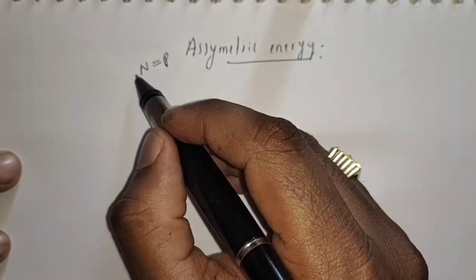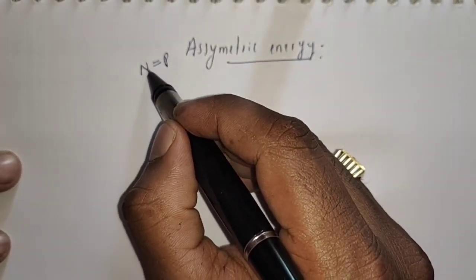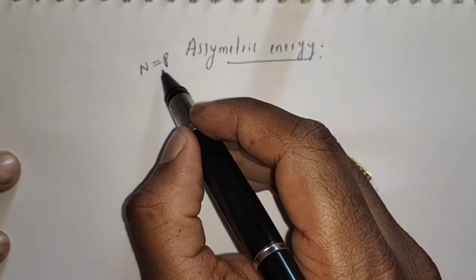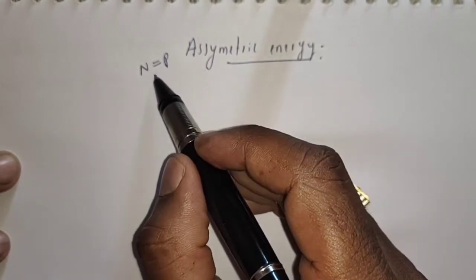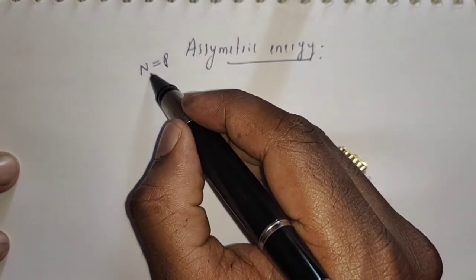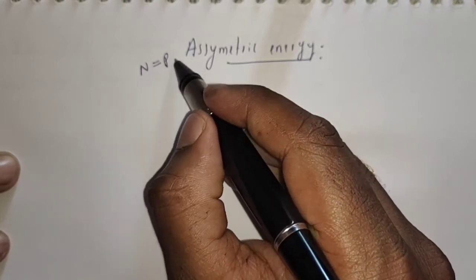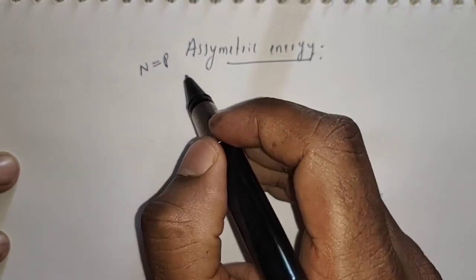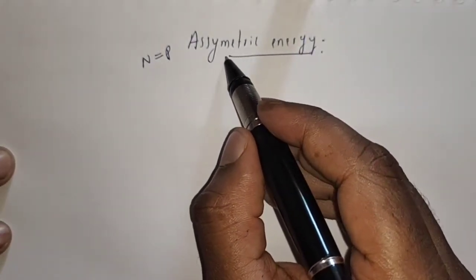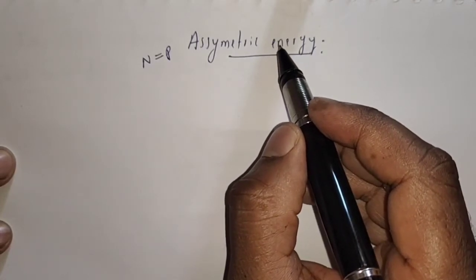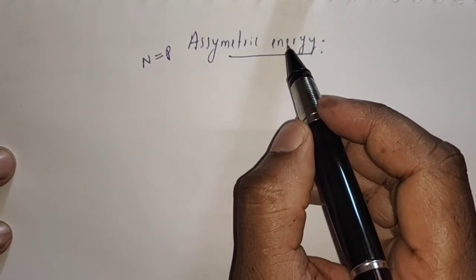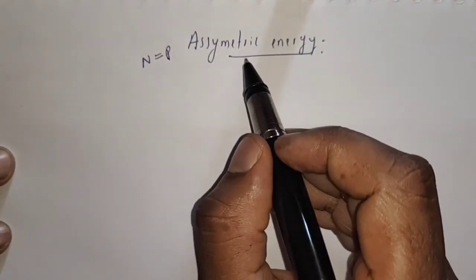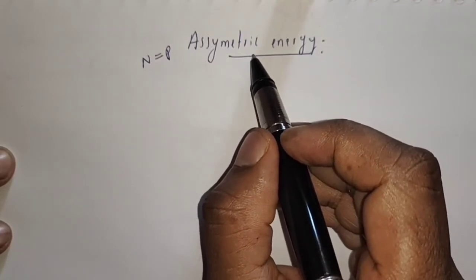And one more thing, a nucleus which consists of an equal number of neutrons and protons is called a symmetric nucleus, and a nucleus which consists of more neutrons as compared to protons, or more protons as compared to neutrons, is asymmetric. And asymmetric energy correction is a quantum effect arising from Pauli's exclusion principle, which only allows 2 protons and 2 neutrons in each energy state.